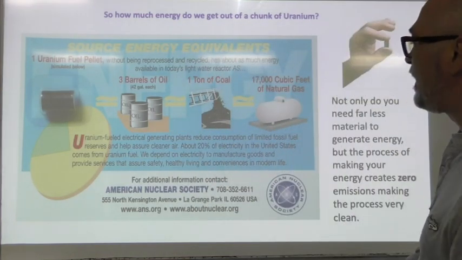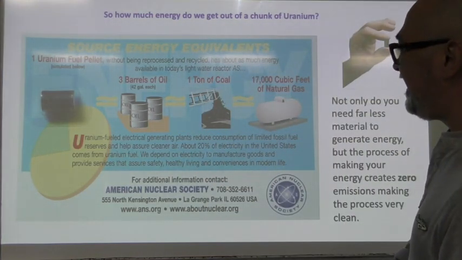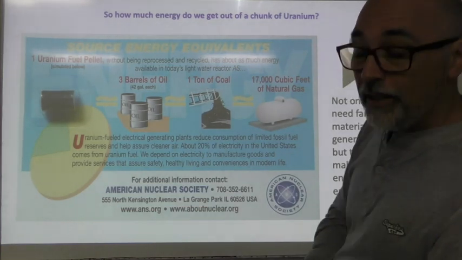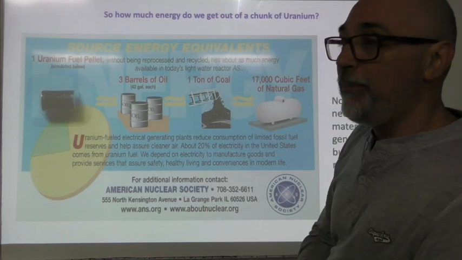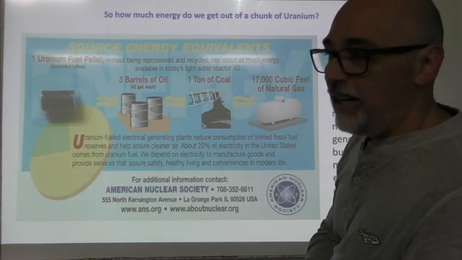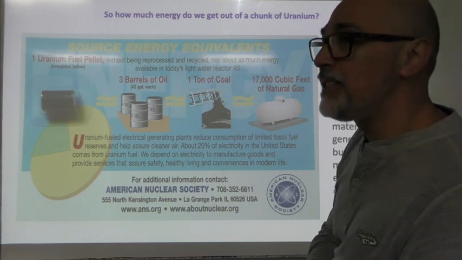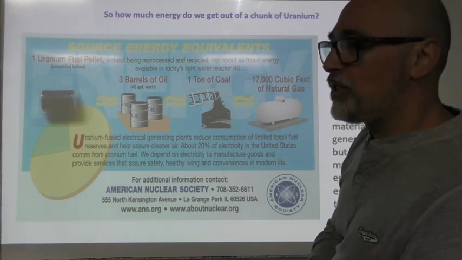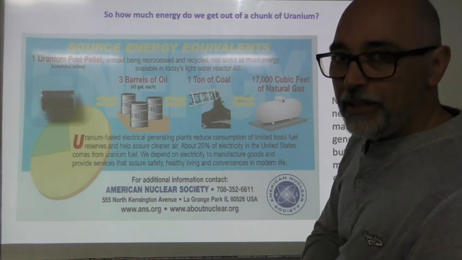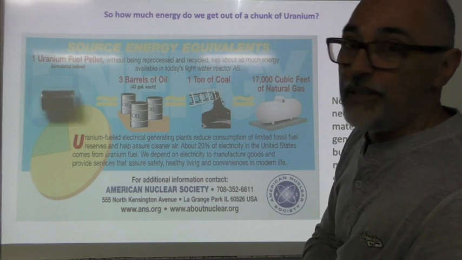You do get a huge amount of energy out of it, and some countries do use nuclear power plants a lot. The United States uses it a lot. I know Japan definitely uses it, and so do the French. There's a lot of European countries that use nuclear power, and the Russians definitely.